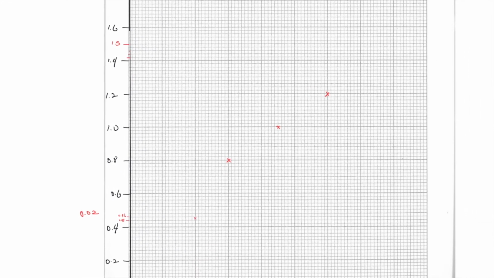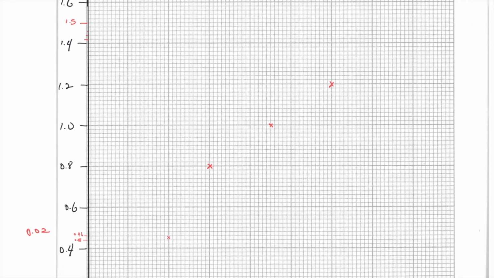So let me make this a little bit smaller. So we go up with 0.7, which is in this line, and we make our mark at the intersection of 0.7 and 1.5.